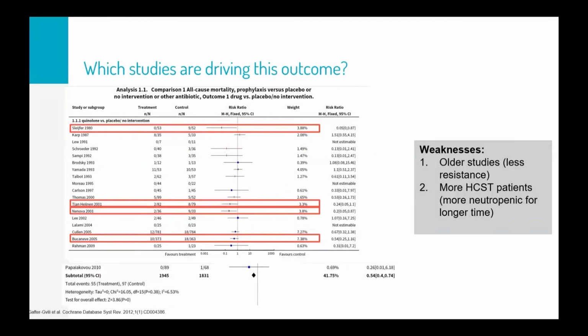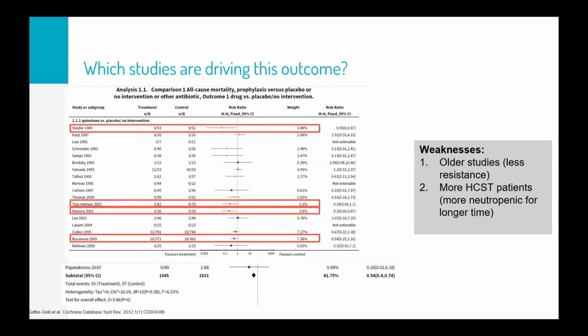This is their primary outcome, looking at overall prophylaxis, which included all antibiotics, versus none for all-cause mortality. And I want to highlight that all of these studies are generally older. The studies range from 1980 to 2009, but the majority are all before 2000, which was when fluoroquinolone prophylaxis wasn't recommended by the guidelines.